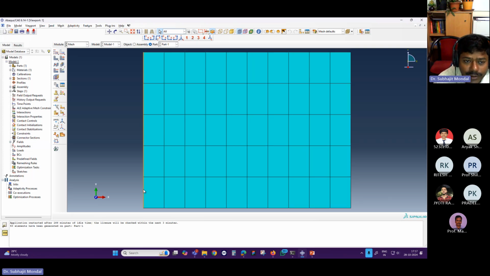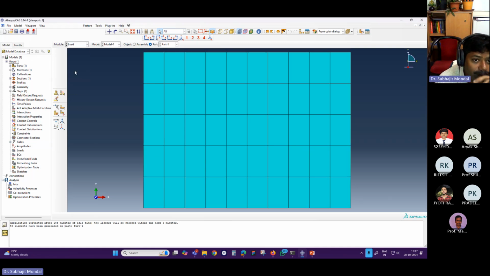We can discretize in a finer way to get good accuracy. But here we'll go with this one, and if we want to do a convergence study, then you can discretize in a finer way and check it. So here basically we have done the meshing.